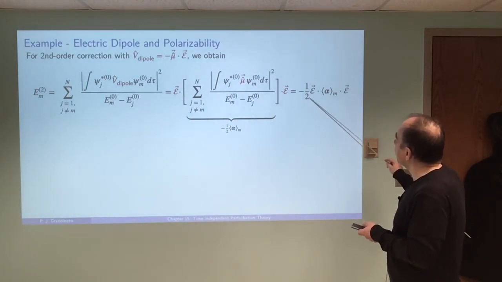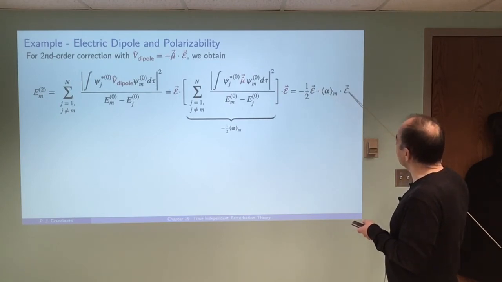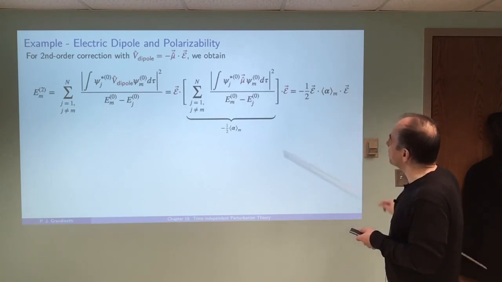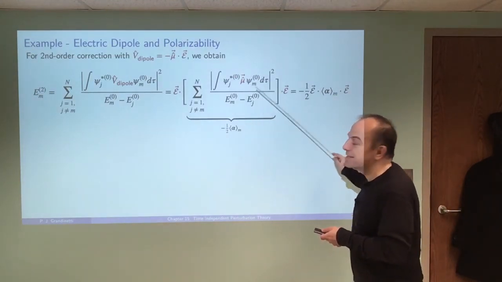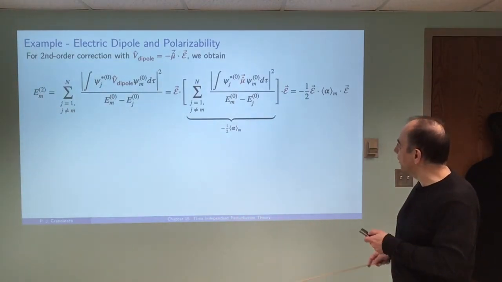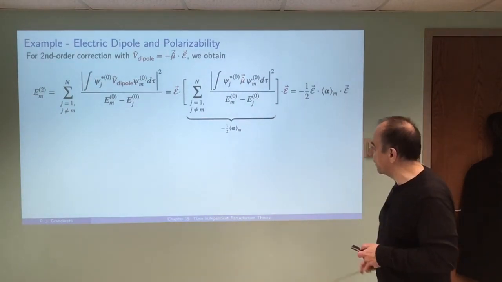We would get a shift in the energy, which is -1/2 E dot polarizability tensor dot E. So this 3×3 matrix gave us the shift, and we associate that 3×3 matrix with this second order correction from perturbation theory involving this integral with a vector operator.